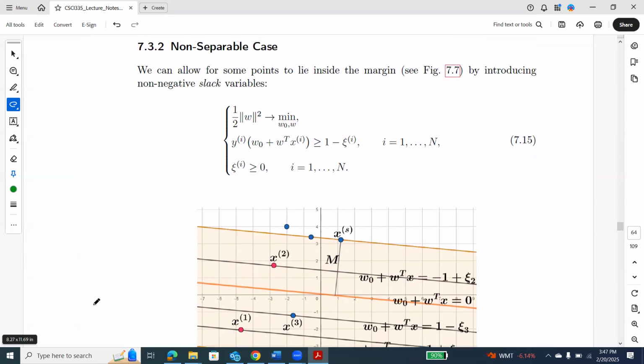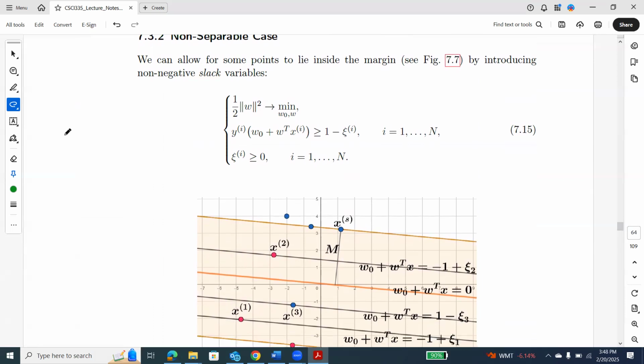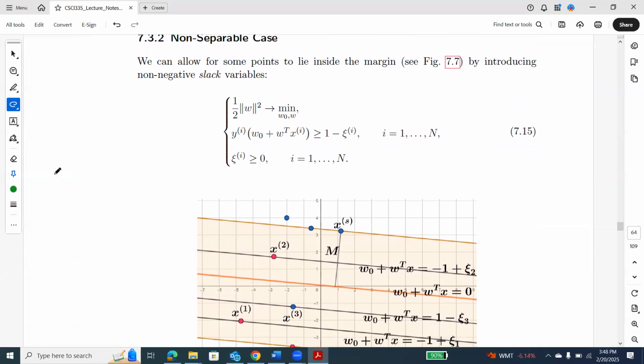So the non-separable case, it's a little bit more tricky. So we have a separator, but we may have points on a line with dot product equals 1.